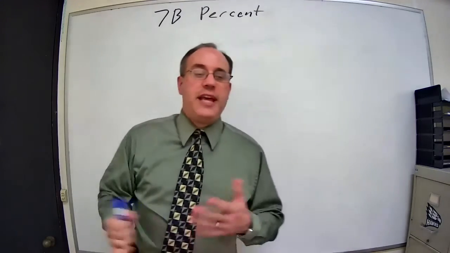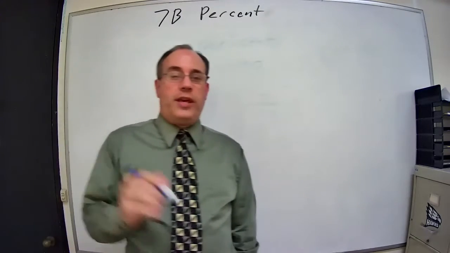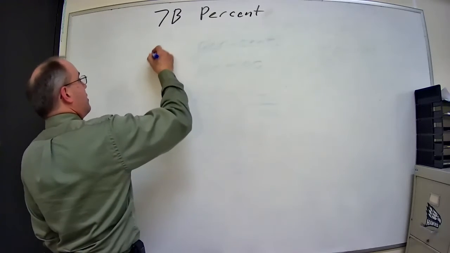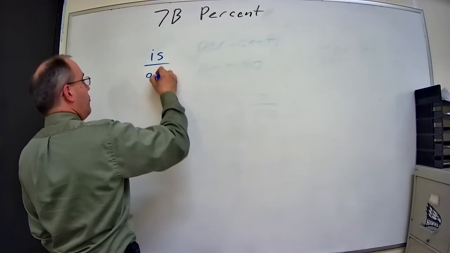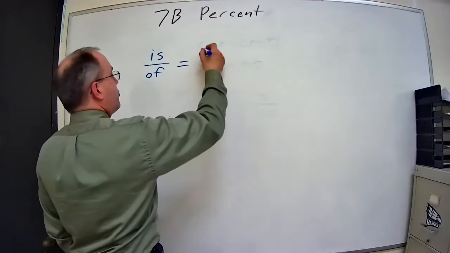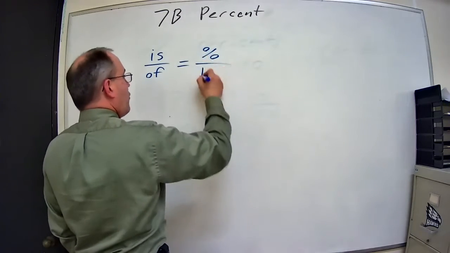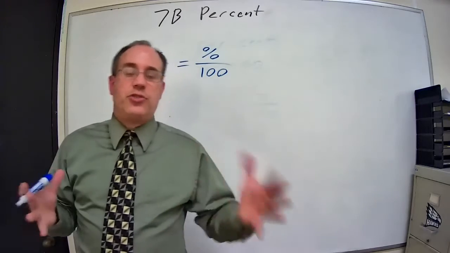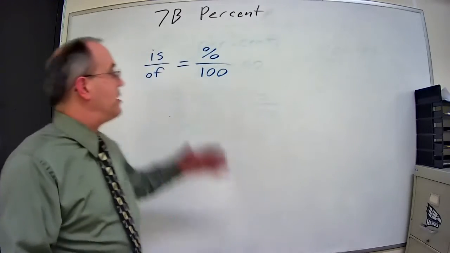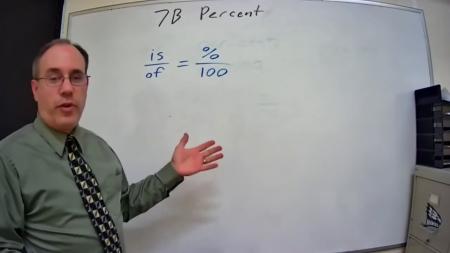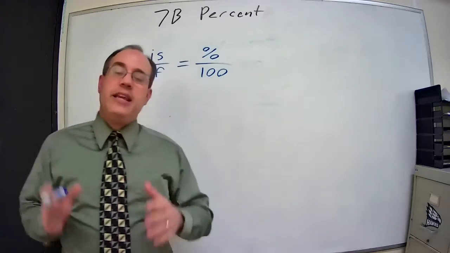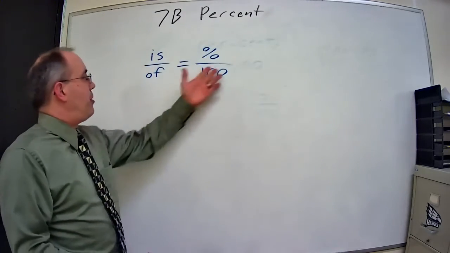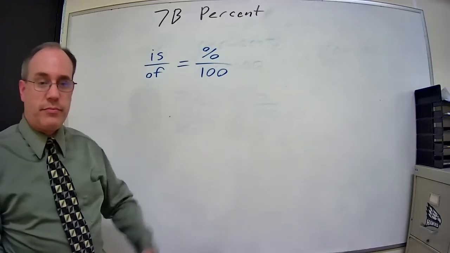When we're dealing with percents, we can always write a proportion as is over of is equal to percent over 100. And that will relate all of these things together. You can answer any question dealing with percents by setting it up in this way.